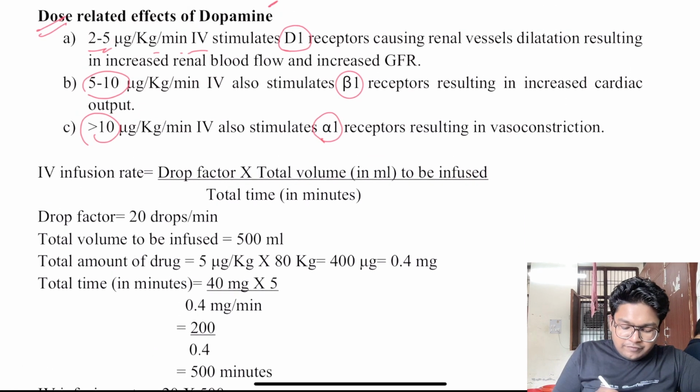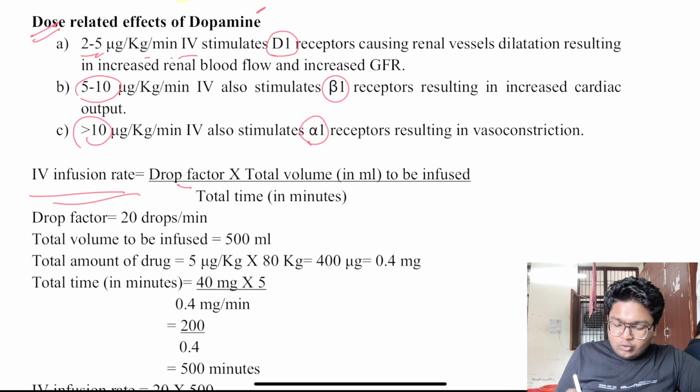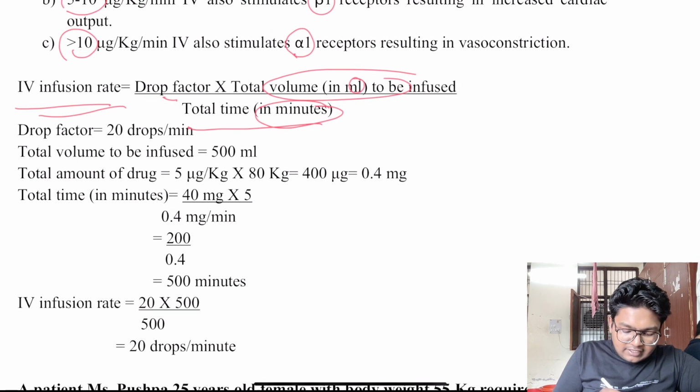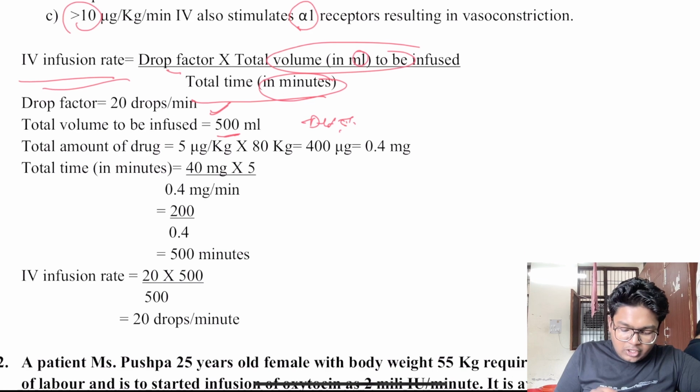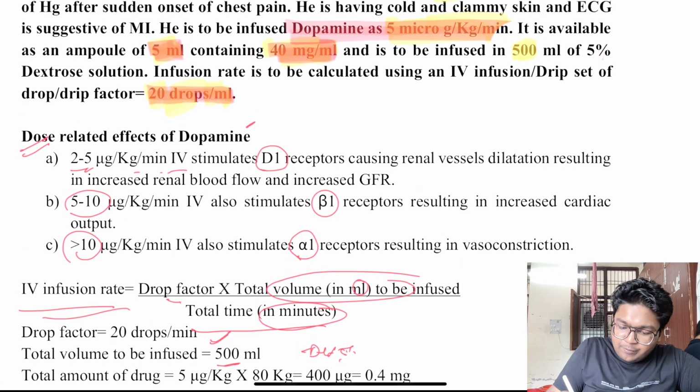So let's calculate. First of all, we know IV infusion rate is drop factor into total volume in ml upon total time in minutes. Drop factor given is 20 drops per ml. Total volume to be infused is 500 ml of 5% dextrose solution. We have a patient of 80 kg.